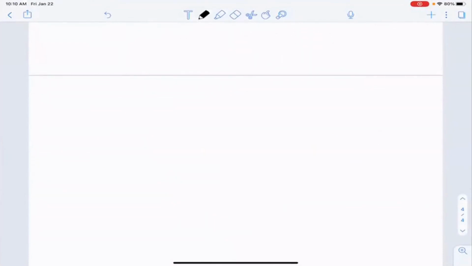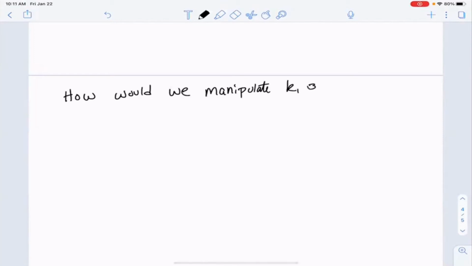Maybe another way to ask this question is, in a real system, how would we actually manipulate K1 and K2 in a real system?